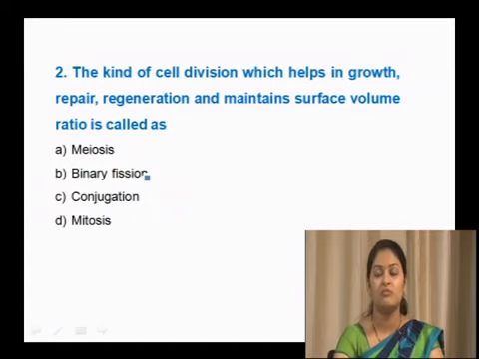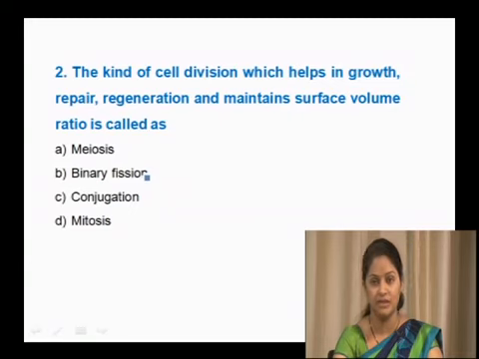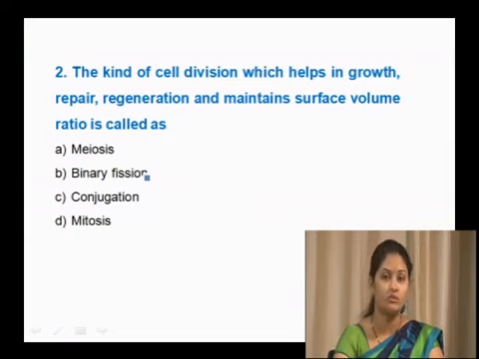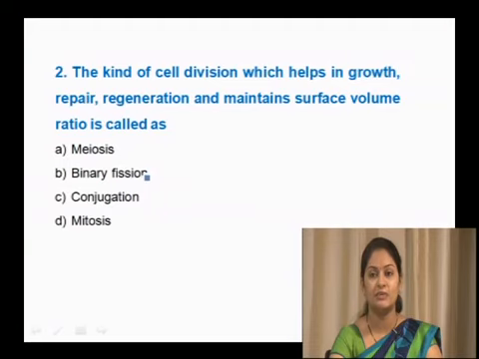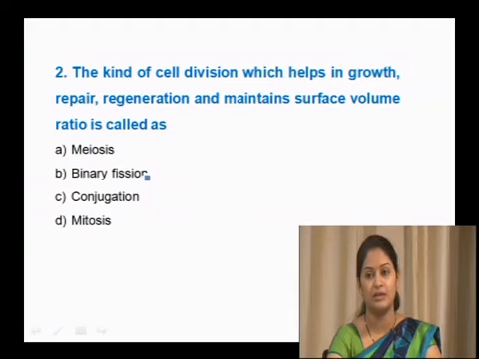So surface volume ratio has to be maintained because during S stage of interphase, the amount of DNA has doubled, which has increased the size of the nucleus, and increasing size of nucleus has put the pressure on the cytoplasm, therefore on the plasma membrane, and it is pushing them to expand.